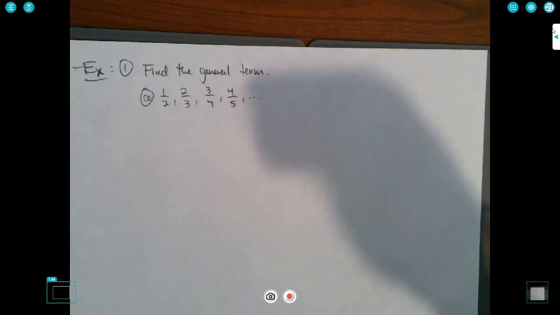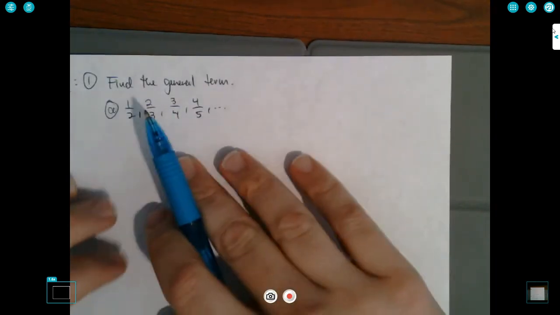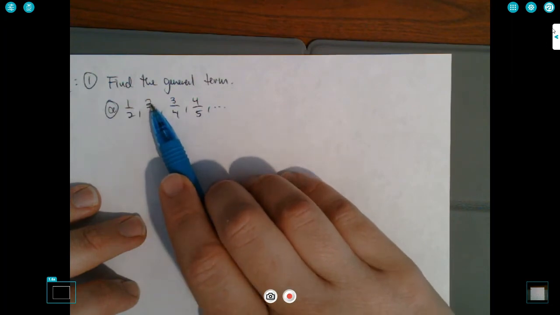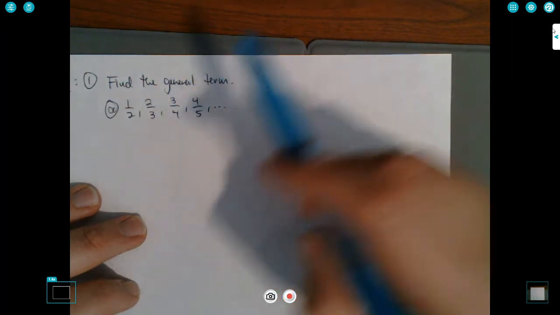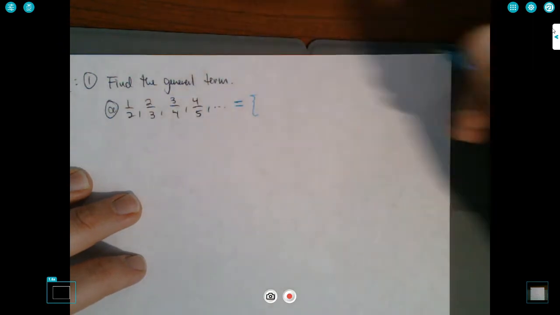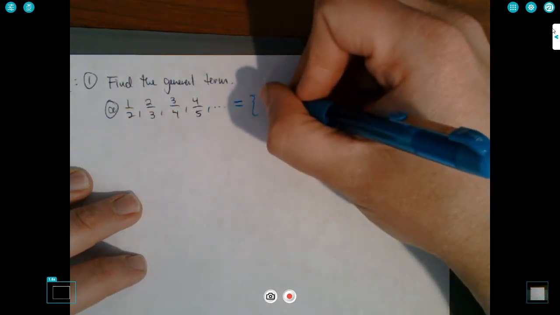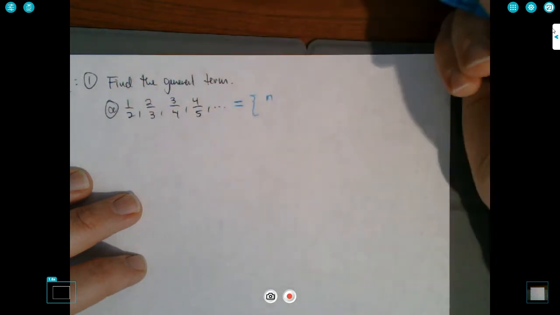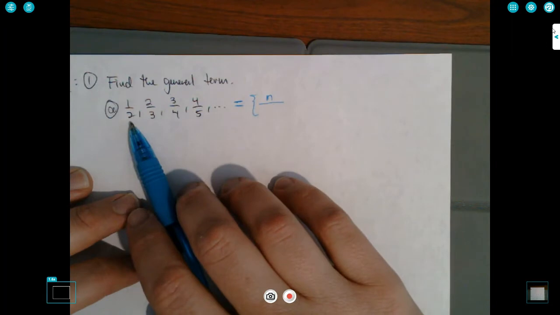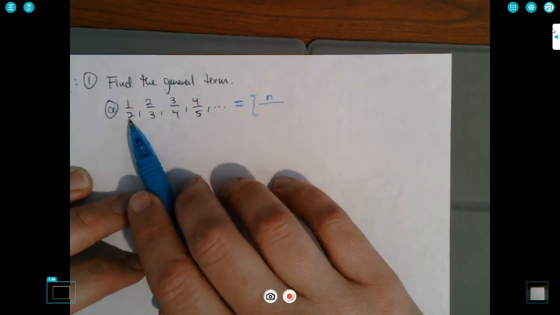Okay, so here's my solution. This is the first term, and the numerator is a 1. This is the second term, and the numerator is a 2. This is the third term, and the numerator is a 3. So I think the numerator is just going to be the same as the term number, which is n. The denominator, on the other hand: this is the first term, but the denominator is 2.